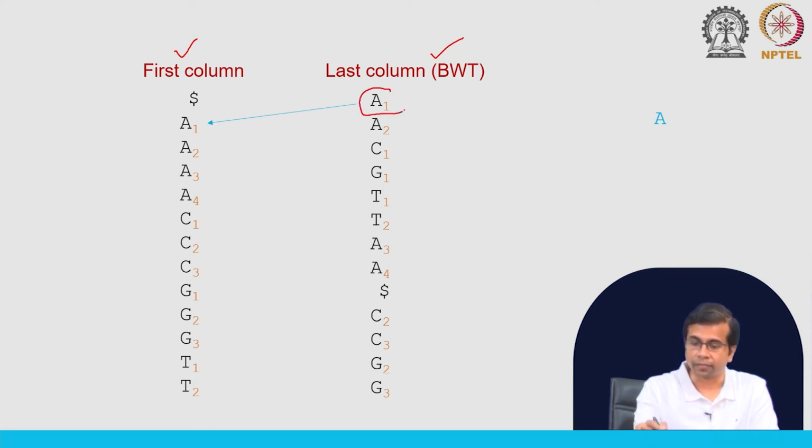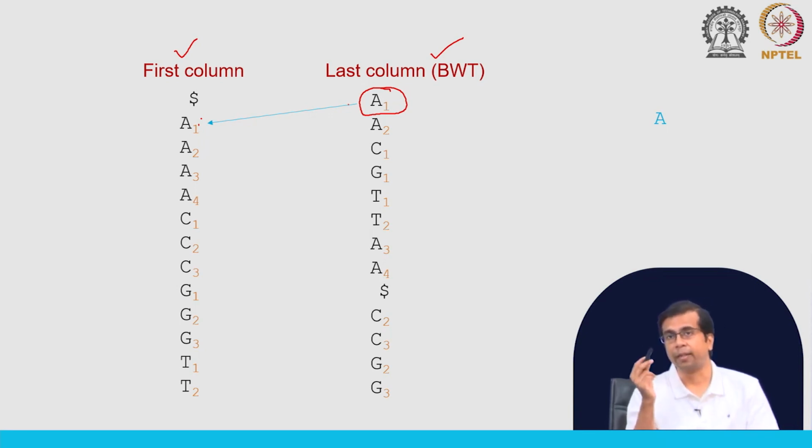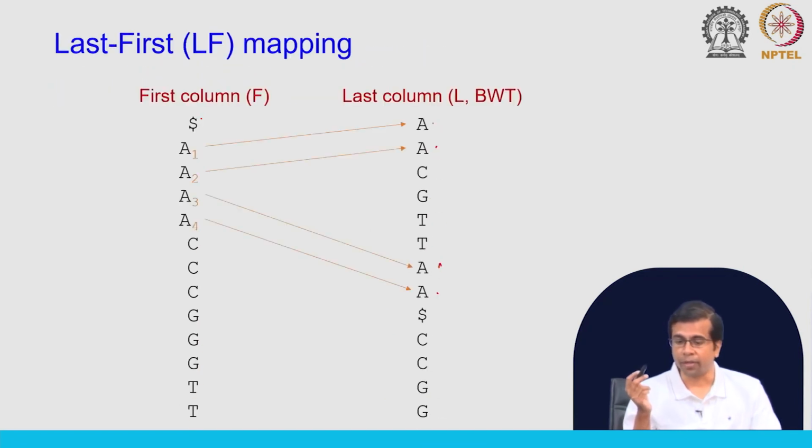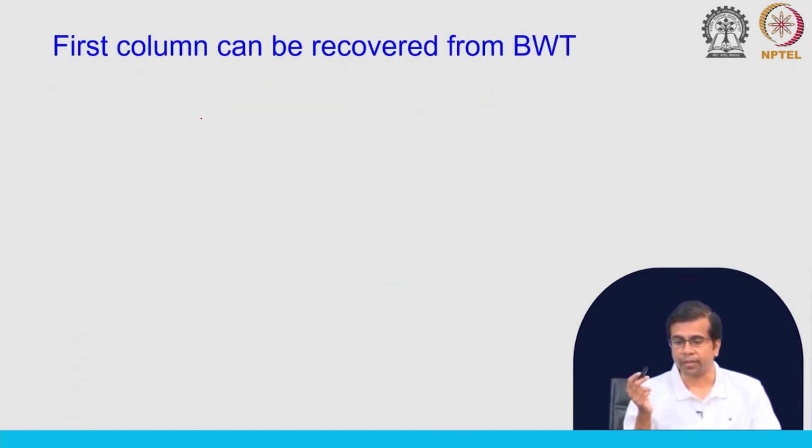So, we will start with the first letter in the last column, and we will map this to the corresponding A. So, this A1 corresponds to this one here, because of the LF mapping property. Now, for this A1, what is the letter that is before this A? Remember, the string rotation we are doing is in such a way that we are bringing these letters around. Maybe we can have a look at the matrix, and that will make things clear.